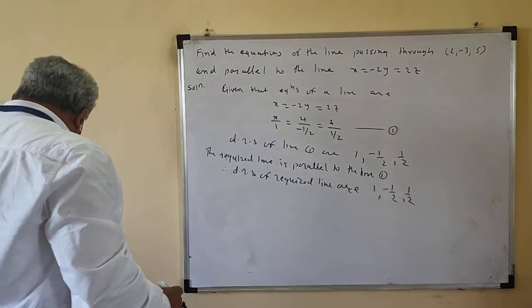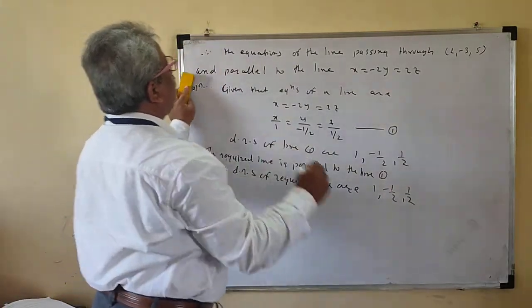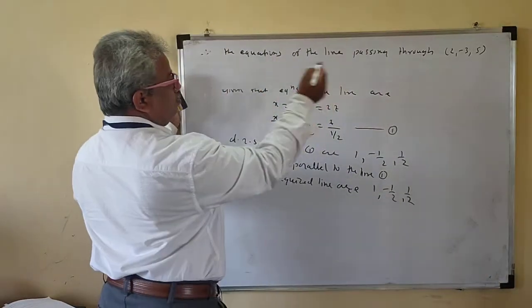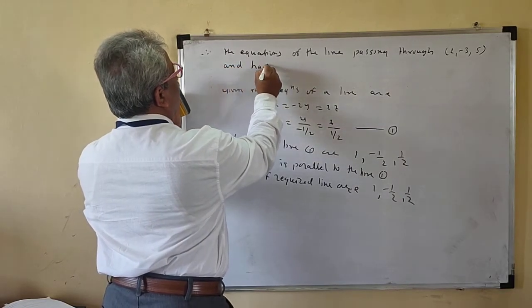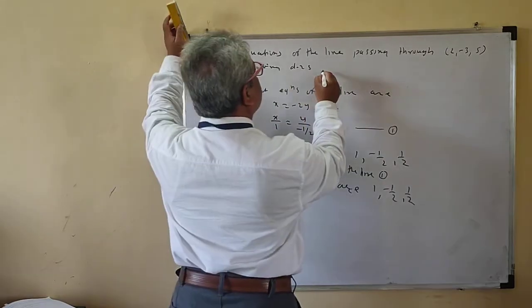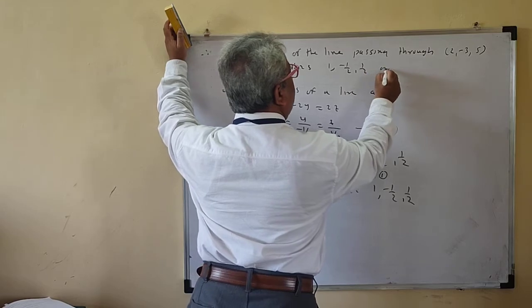So now what do you want? Therefore, the equations of a line passing through (2, minus 3, 5) and having DRs 1, minus half, 1 by 2.